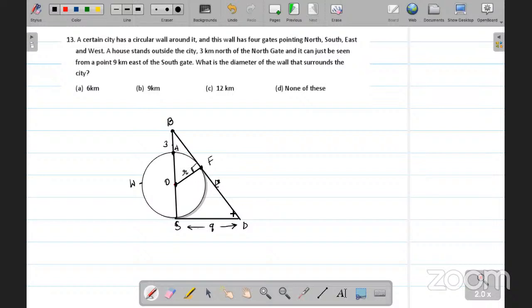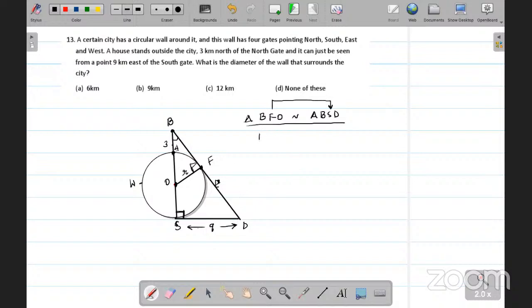Now, in order to calculate anything, you have to see the similarity here. Triangle BFO is similar to triangle BSD, in that order. Angle B is common. Both angle F and angle S are 90, so angle F and angle S are equal, and therefore the third angles must be equal.